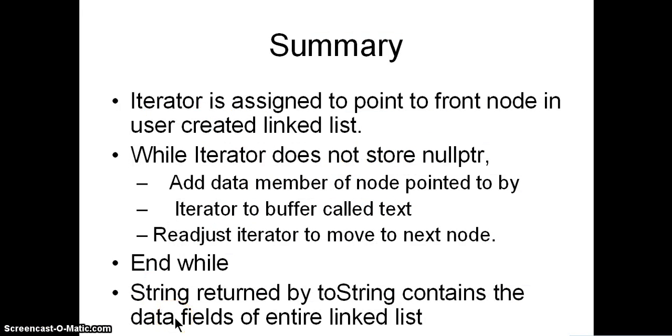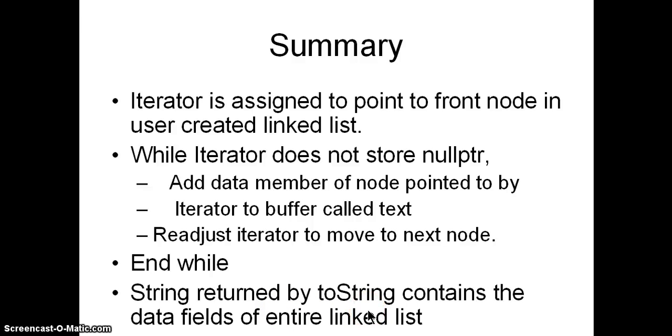So in summary, the iterator is assigned to point to the front node in the user created linked list. While iterator does not store null PTR, add the data member of the node pointed to by iterator to a buffer called text, and readjust iterator to move to the next node. This process goes on until the loop condition becomes false, and the string returned by toString contains the data fields of the entire linked list.